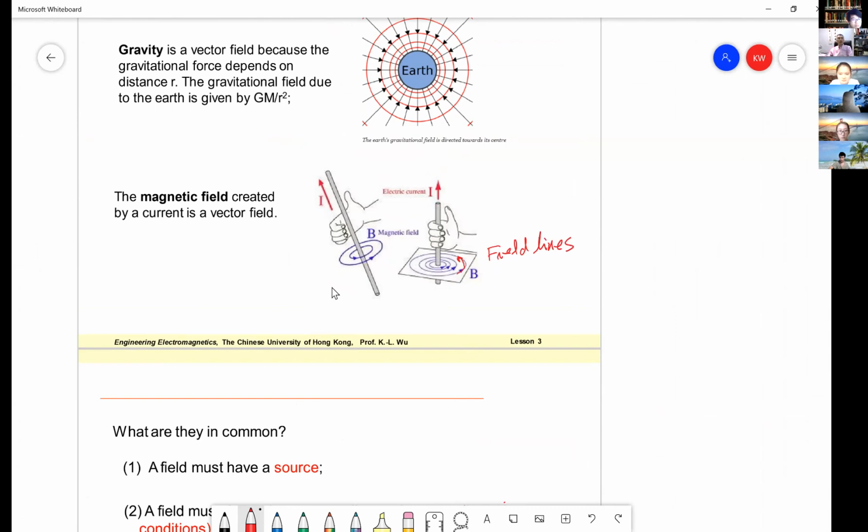So I'm going to give an assignment: can you write a program to draw this field line if given a field? Because we like to visualize the field from time to time.